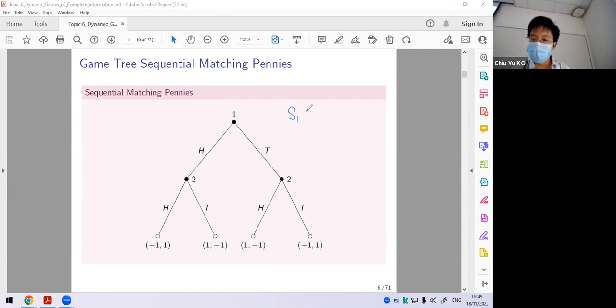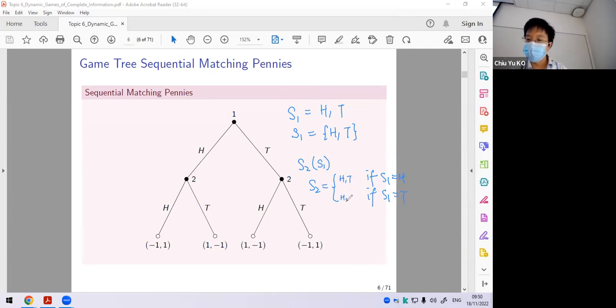Strategy of player one is either head or tail, right? So that means the strategy space is just these two, okay? And strategy of player two, you have to tell me. Strategy two is a function of what S1 is doing. You can write in this form, which says S2 is: if S1 is head, you will do this, and if S1 is tail, you will tell me whether you do head or tail, right?